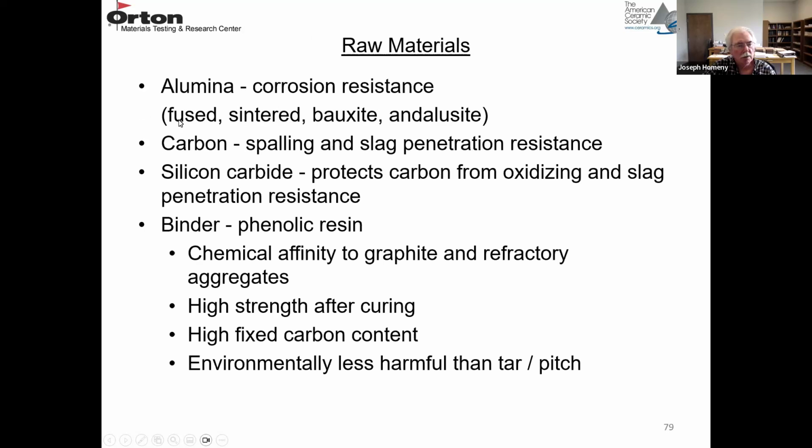The sources of alumina are fused alumina, sintered. We also can use bauxite and andalusite. The carbon is there for thermal shock resistance and corrosion resistance. And silicon carbide can be an antioxidation agent, but it can also be a significant additive.